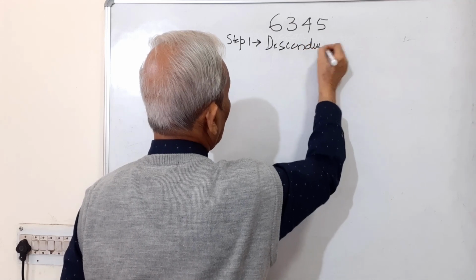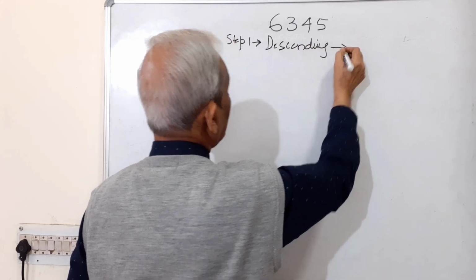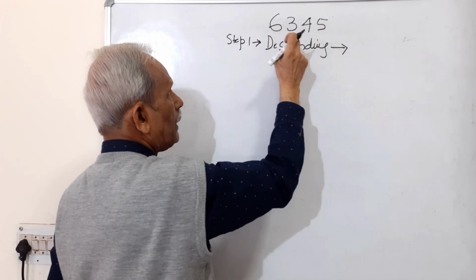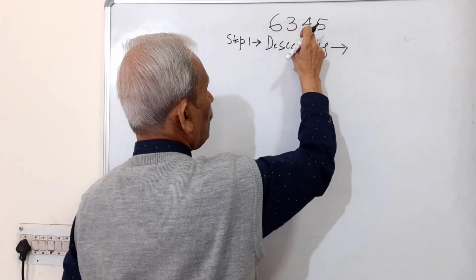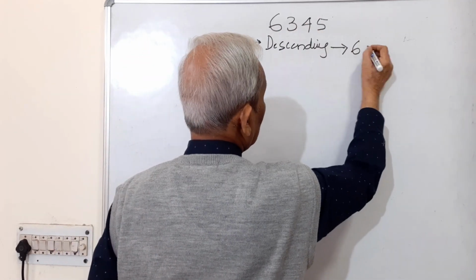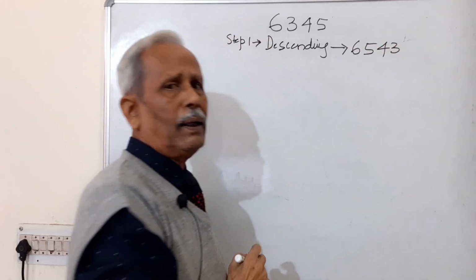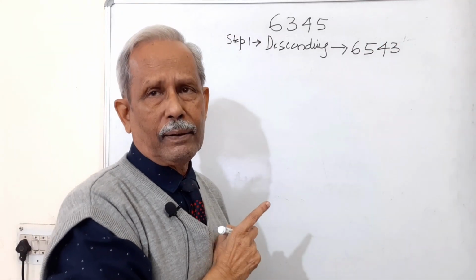How much do you get? 6, 5, 4, 3. 6 is the biggest digit, then 5, then 4, then 3.